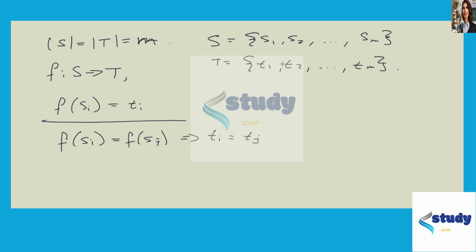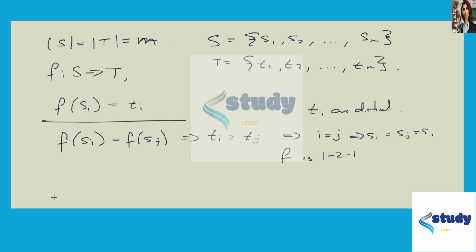Since these elements are distinct, we must have i equal to j, because the t_i are distinct. So therefore it implies that the inputs s_i is equal to s_j. So therefore f is one-to-one.